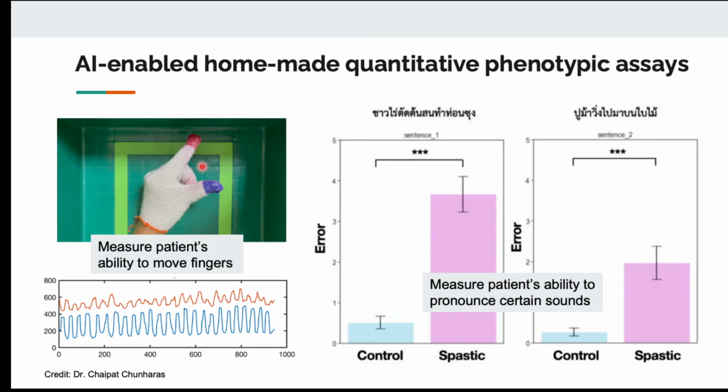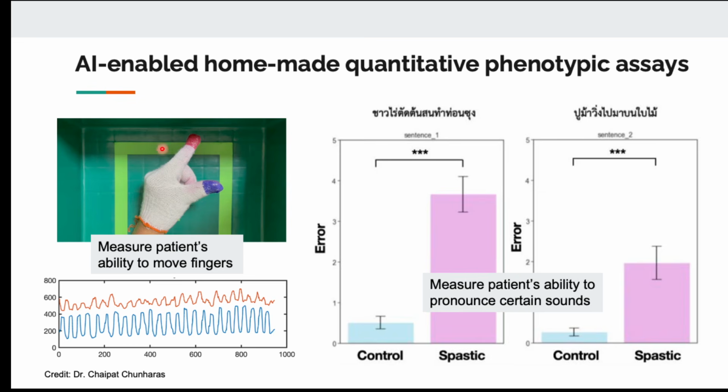That affects how much control they have over the muscles in their fingers. But if you look at it by eye, how can you tell if this person improves or gets worse? If you look at the person moving their fingers maybe once a week, there's no way that you can quantify the improvement or the severity of the disease.